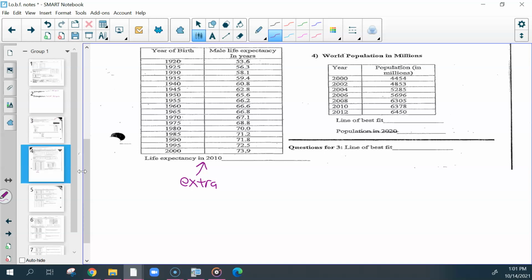So it's really just, is it inside the data or is it not? Do you have any questions about that? As you're practicing these, I would write next to it if you extrapolated or if you interpolated to see if this was inside or outside the data.